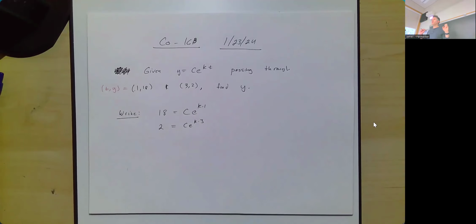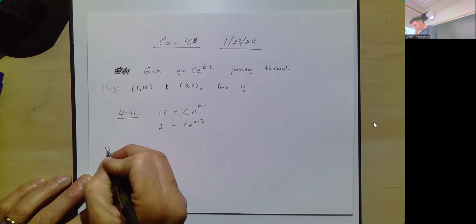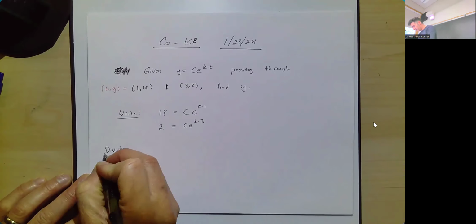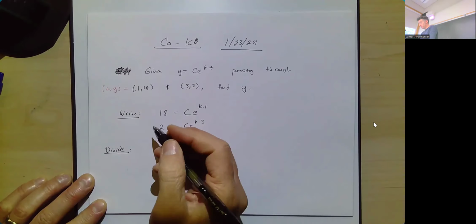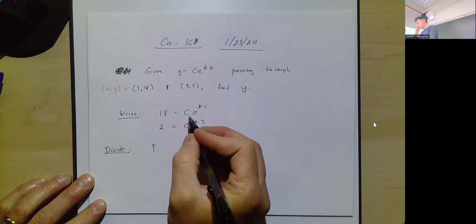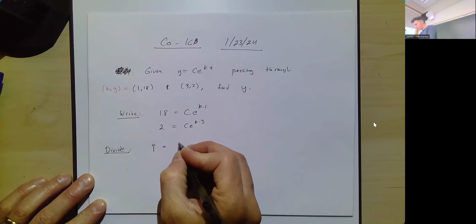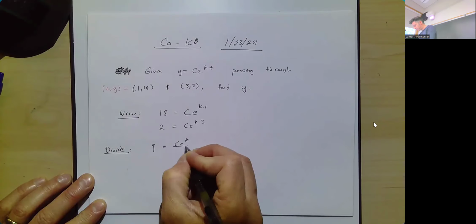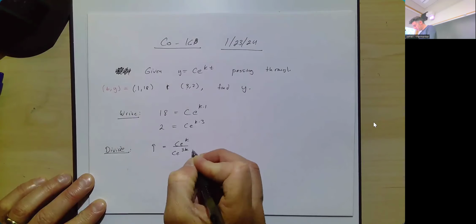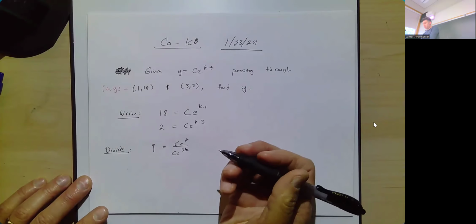The slicker, faster way of doing this is to divide these equations by each other, which I always feel is a bit like trickery personally. So you could divide, and 18 divided by 2 is 9. And c e to the k divided by c e to the 3k, well, I'm just going to write that because who wants to do all that? The c's do divide to 1.